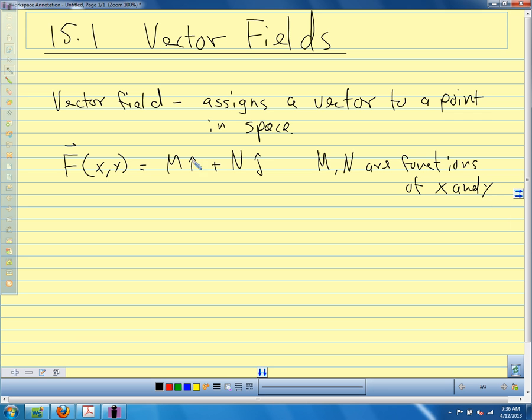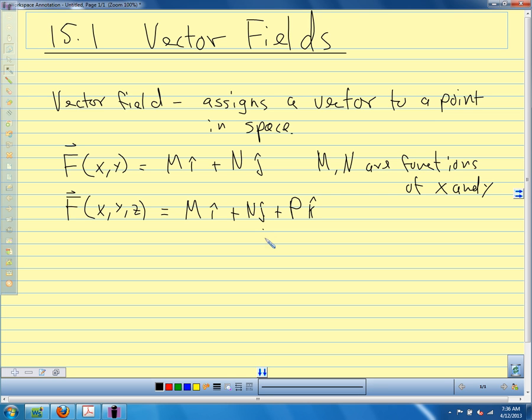We're assigning a vector to this point in the plane. And similar notation for vectors in space. If we have a three-dimensional vector, our notation is going to be M i hat plus N j hat plus P k hat, and M, N, and P are all functions of x, y, and z.